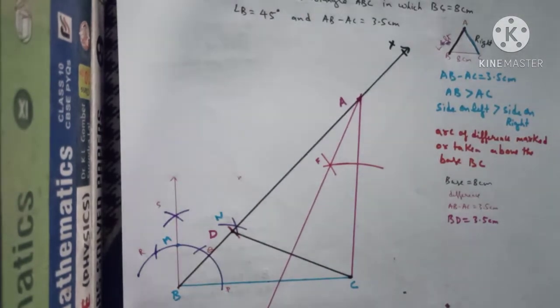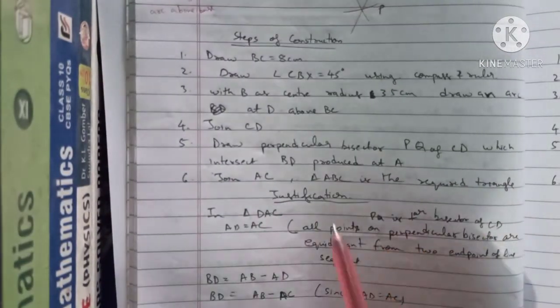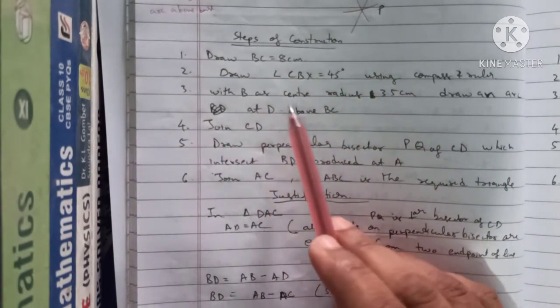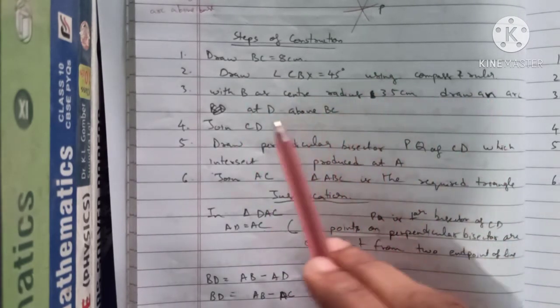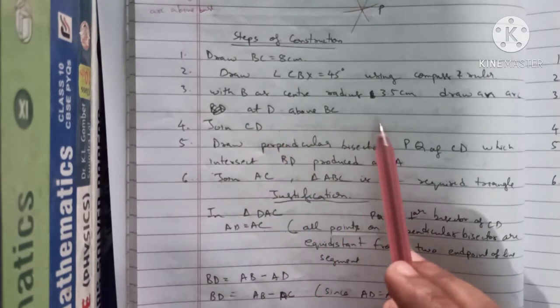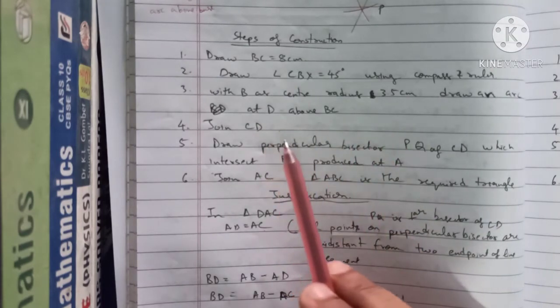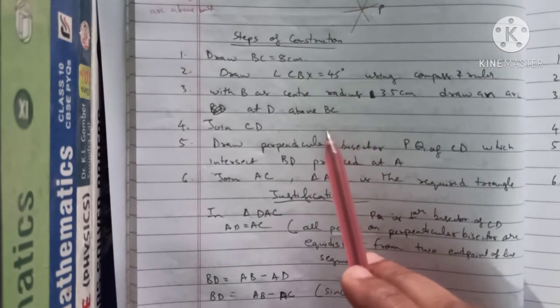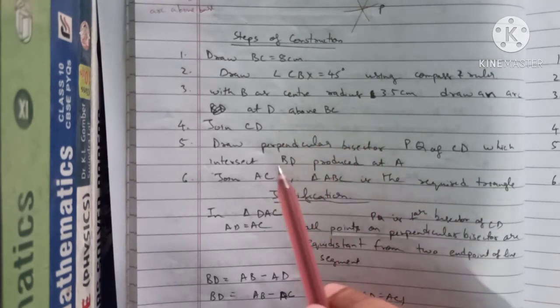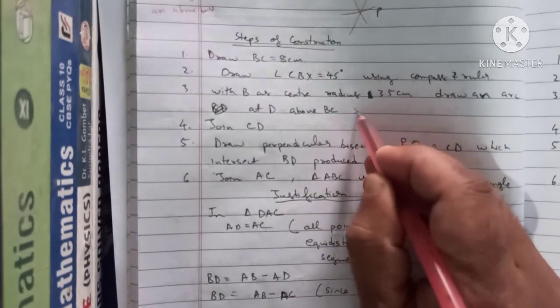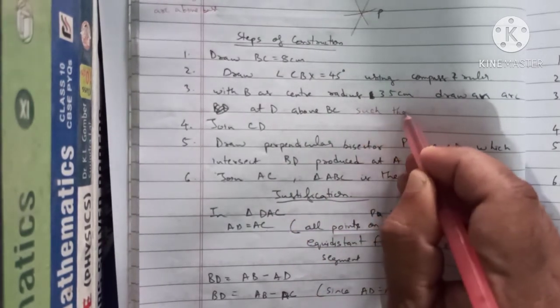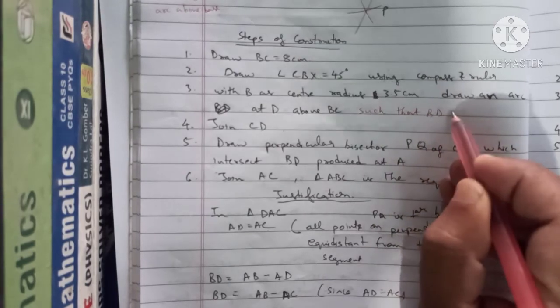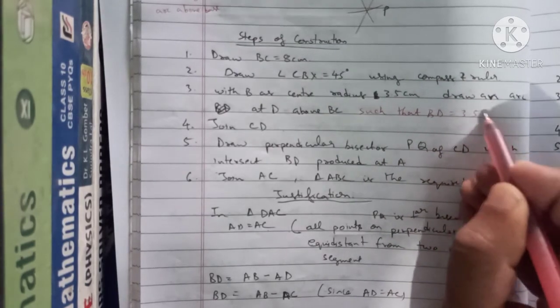Okay, so just have a look at the steps of construction again. That is, draw BC 8 centimeter and then draw angle CBX 45 degree using compass and ruler. With B as the center, radius 3.5 centimeter, draw an arc at D above BC, such that BD is equal to 3.5 centimeter.